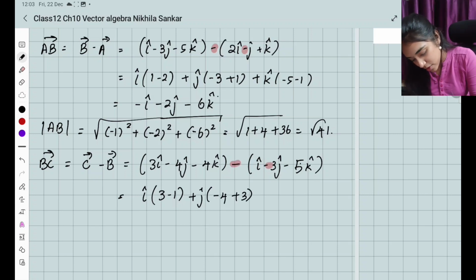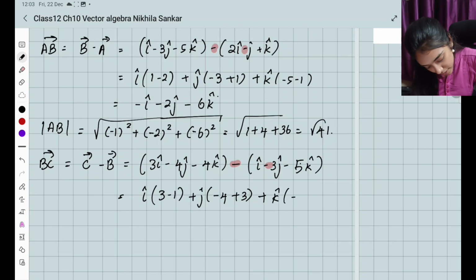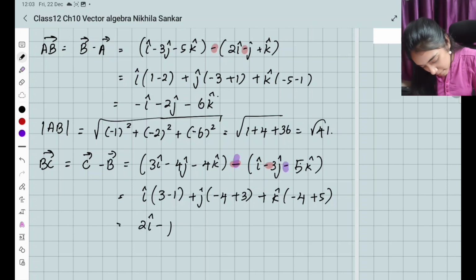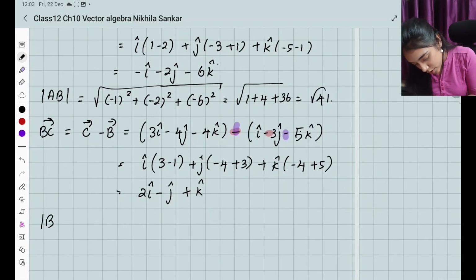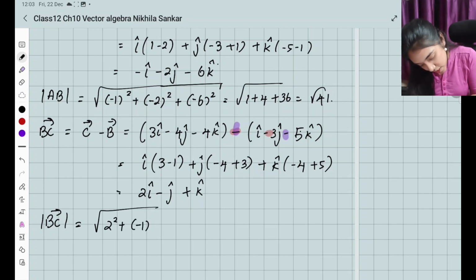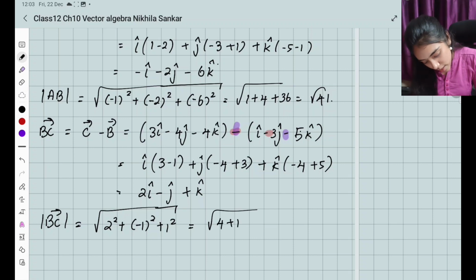Plus k cap, I have minus 4 plus 5. Again the minus and the minus. So in total I have 2i cap minus j cap plus k cap. Now the magnitude of BC is going to be the square root of 2 square plus minus 1 the whole square plus 1 square, which is the square root of 4 plus 1 plus 1, which is root 6.